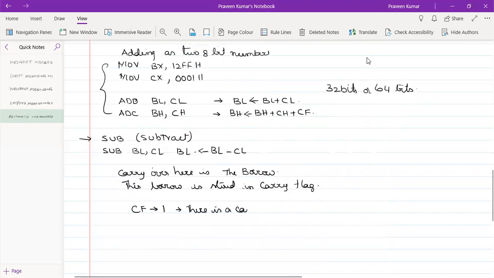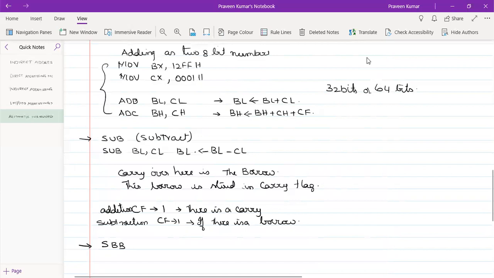But in subtraction, the carry flag becomes 1 if there is a borrow. Clear?